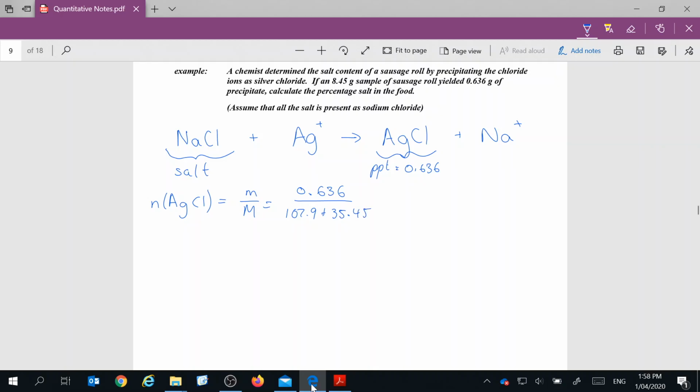I'm going to need to recalculate since all my answers are wrong now, which is really frustrating. 107.9 plus 35.45 gives me 0.00444, 3 sig figs like the question. Therefore, the number of moles of sodium chloride, the salt originally in the sausage roll, is the same due to the 1-to-1 ratio.